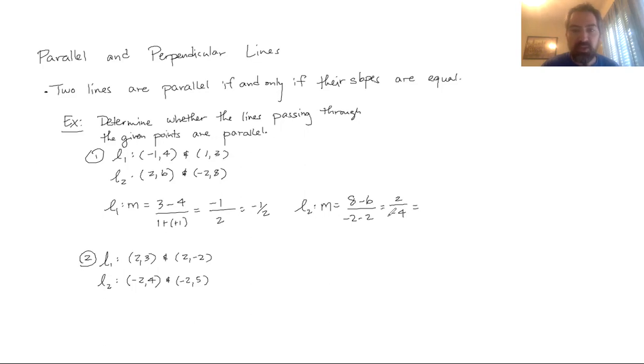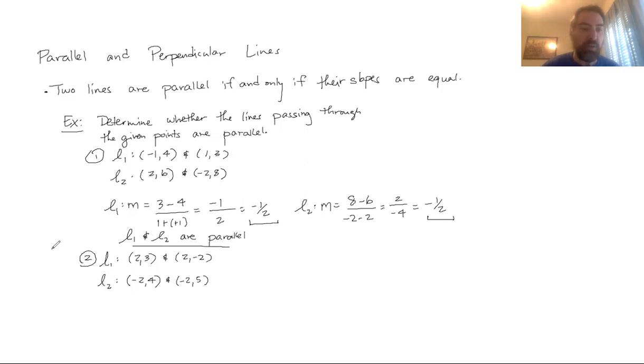We can reduce 2 over -4 into 1 over -2, or -1/2. So since these slopes are the same, we can conclude that L1 and L2 are parallel. They will never intersect.